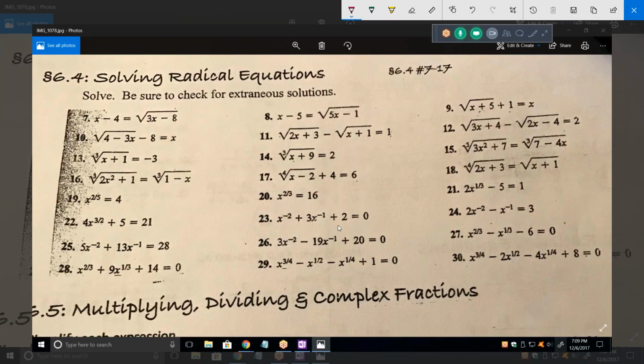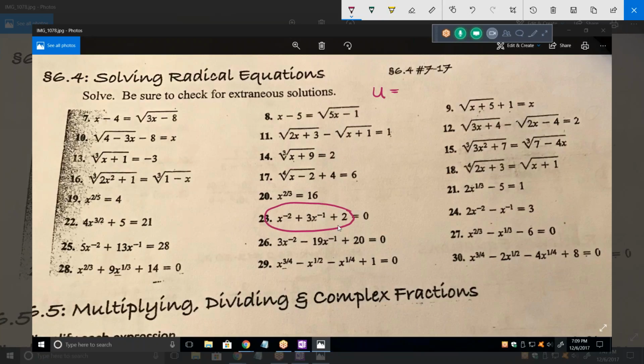And that is to recognize that it is a quadratic. Notice that the first term is the square of the middle term. In other words, x to the minus 2 is the square of x to the minus 1. So let me show you a technique here that works pretty nice.